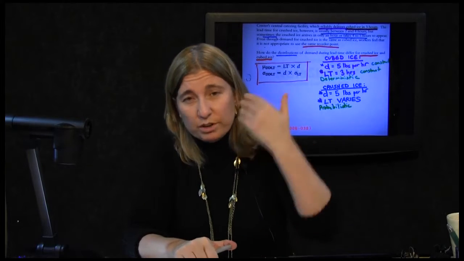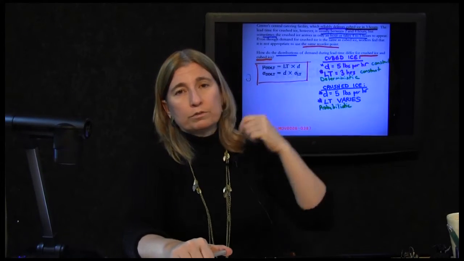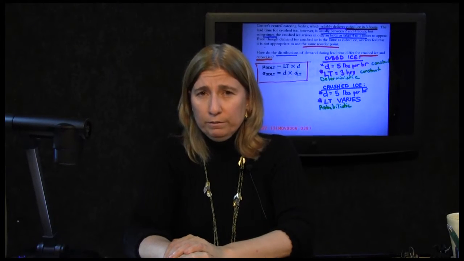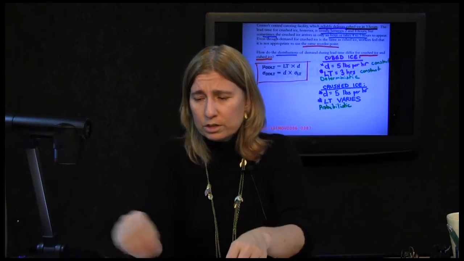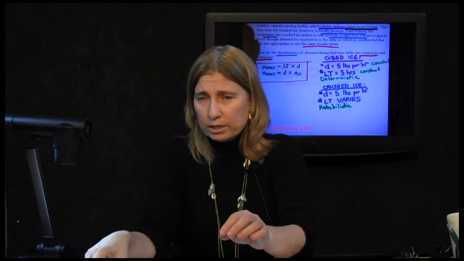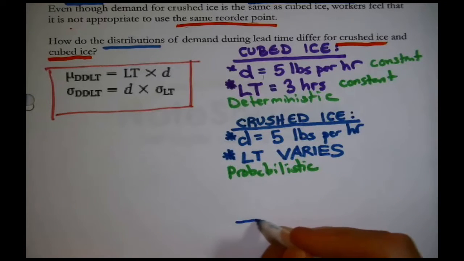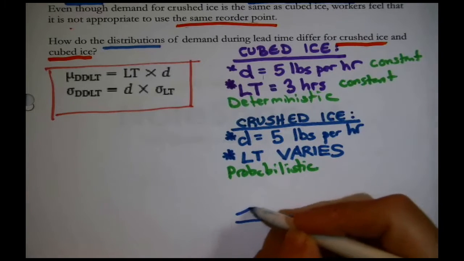Because I've spied to the next page and they're going to be asking for a reorder point, and we're going to need this distribution of demand that is specific to crushed ice. And we can get it with these 2 formulas because we know that this is the constant demand, variable lead time case. All right, I'm going to make a sketch down here. I'm going to attempt to sketch a normal distribution.